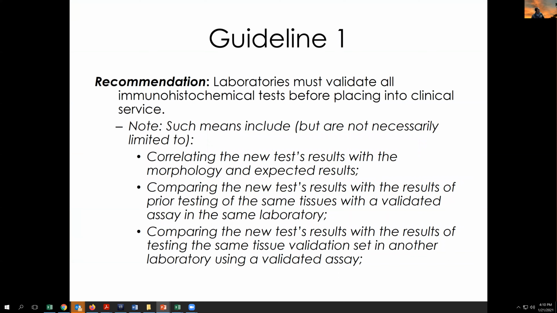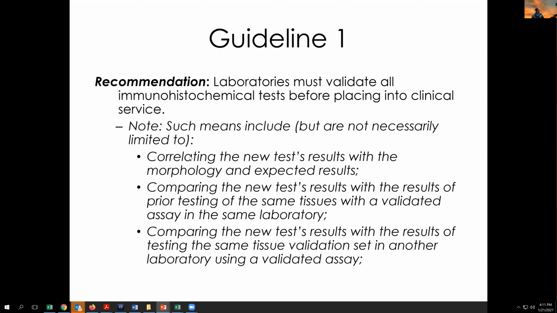So for immunohistochemical testing, laboratories must validate all immunohistochemical tests before placing them into clinical service. This is a recommendation, and in laboratories that are accredited by the CAP, that is an operative requirement. So they can use a variety of things to validate the tests.